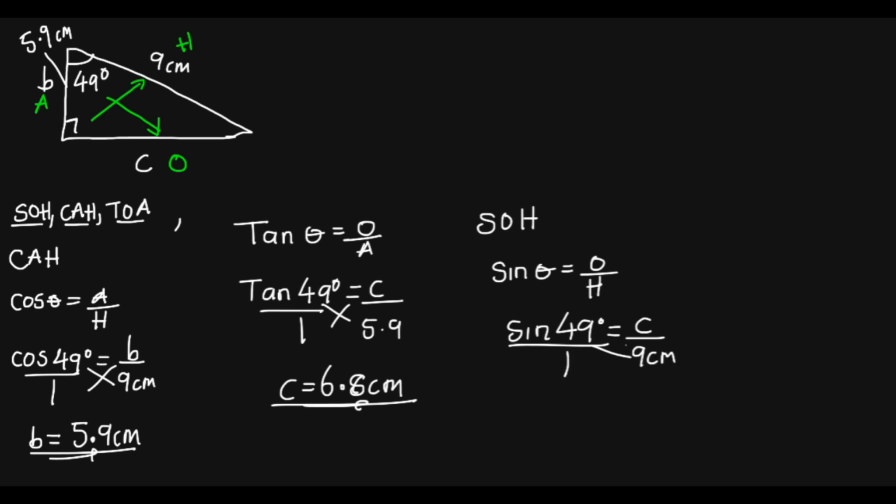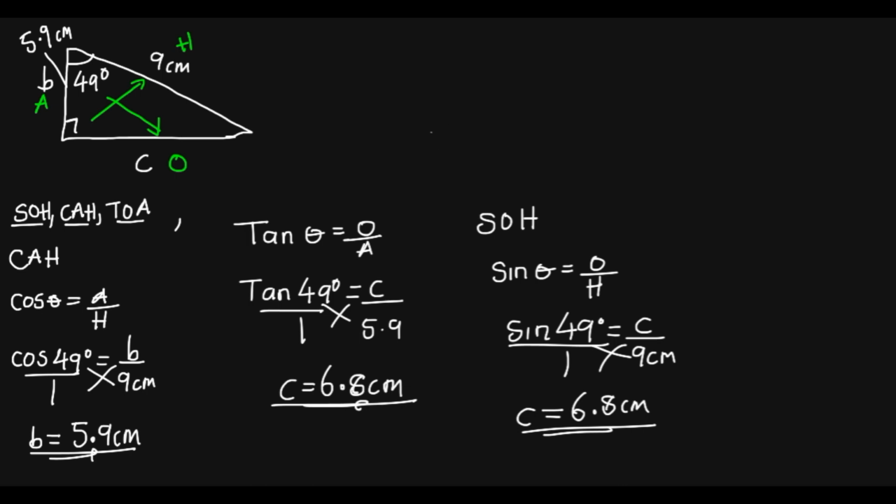So the same, over 1 cross multiply. 1 times C is C. Sine 49 multiplied by 9, I'm also getting 6.792, which is 6.8. So we can see that regardless of the trig ratio that you choose, the answer will always be the same, or the difference may be small because of rounding off.